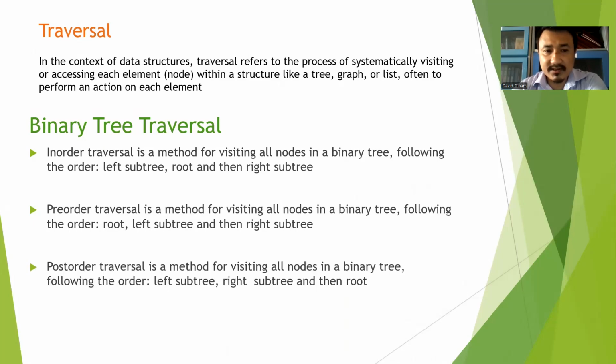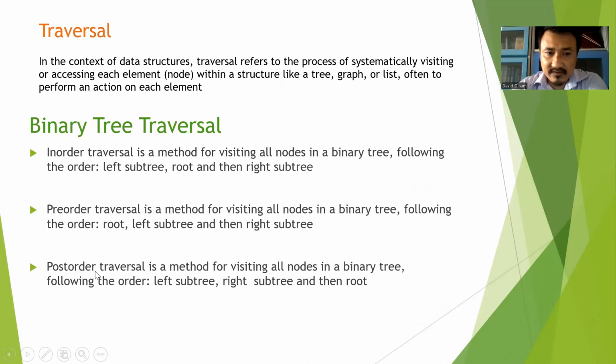The last one is the post-order traversal. It is the method of visiting all the nodes in the binary tree following the order left subtree, right subtree, and then root. Here we can see that in in-order traversal, the root is in the middle. In pre-order traversal, the root comes first.